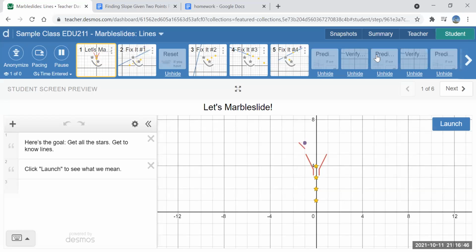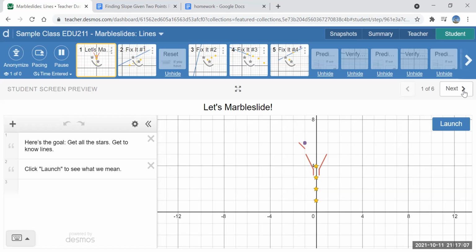So our goal in this activity is to change an equation to have this little marble here go through all of the stars. So it'll look something like this when you do it successfully, and it'll let you know that it's a success.